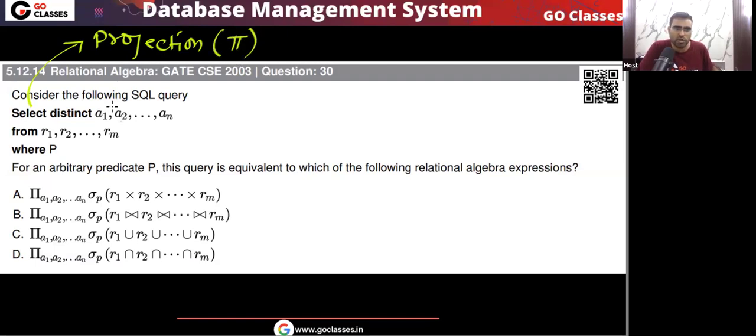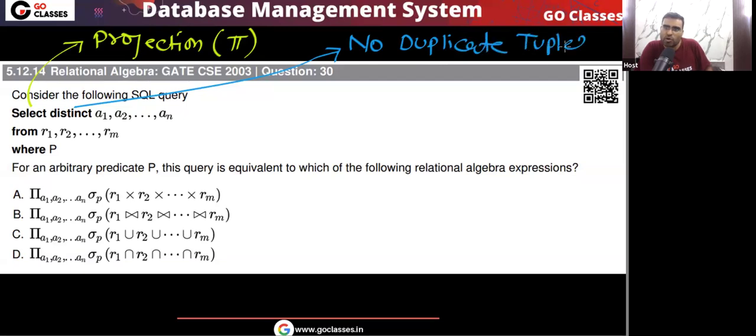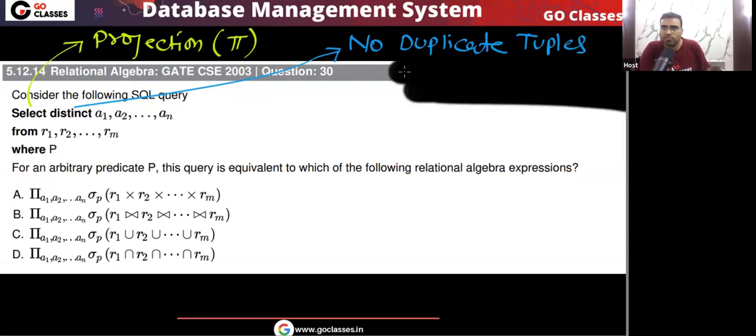And this distinct means there are no duplicate tuples in the output. So select means projection and distinct means no duplicate tuples in the output.